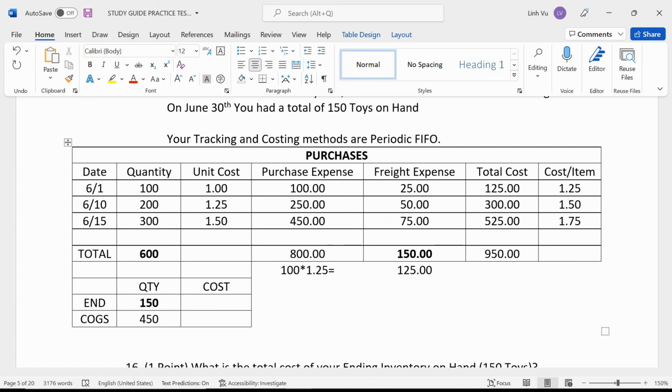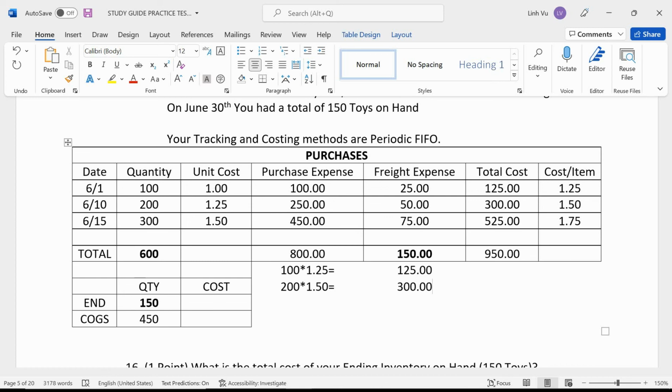So which batch of inventory are you going to take out from next? You're going to take out the 200 at $1.50, which in this case, you're taking all of it. It's going to give you $300. Okay?